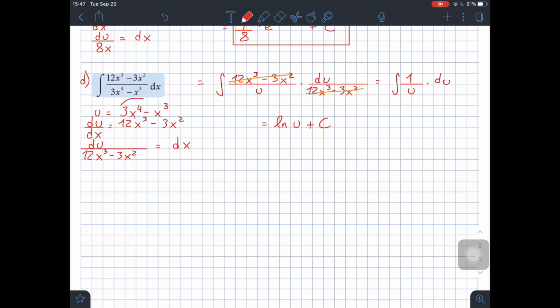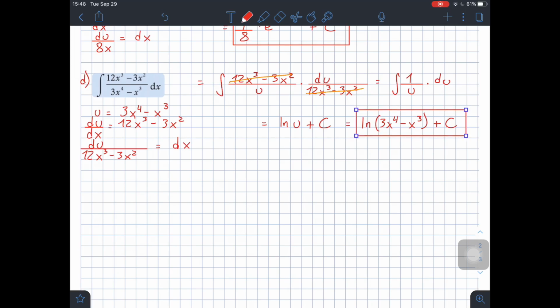So instead of writing u, we need to write this expression here, and then we're done. Actually, I'm going to change my L. The natural logarithm of u plus c. So this is the natural logarithm of 3x to the 4th power minus x cubed plus c. And this would be our answer for part D.